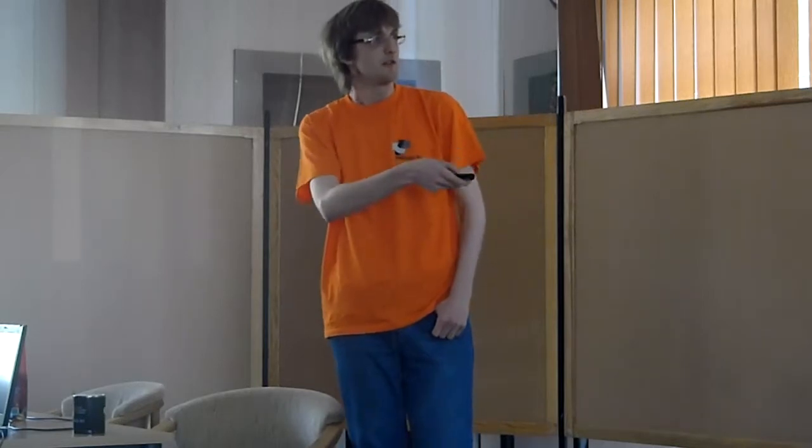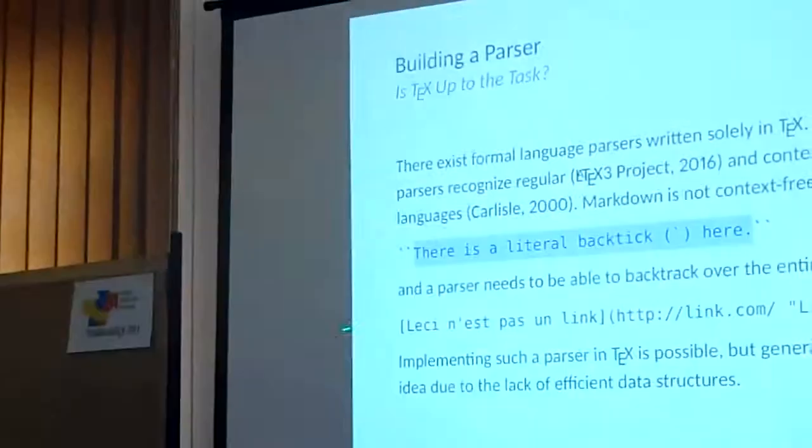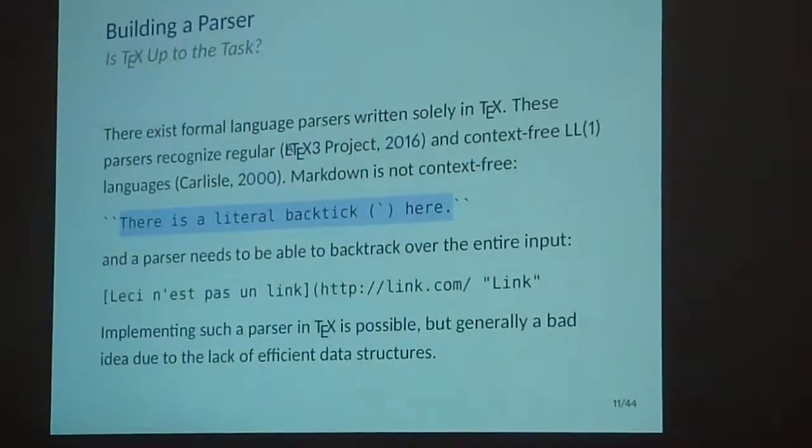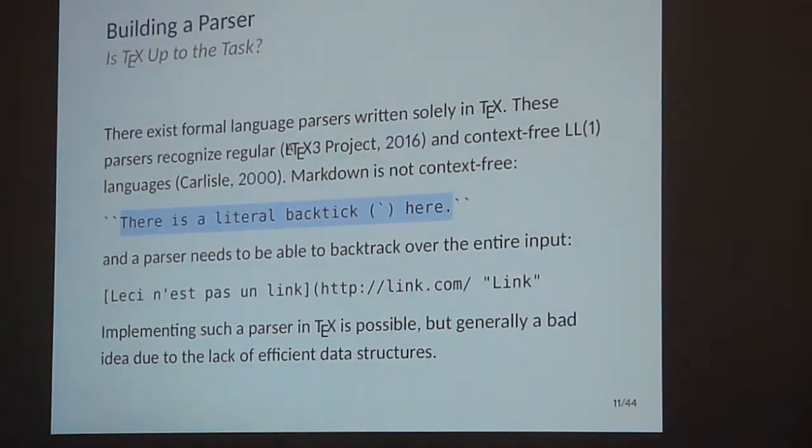And also, there is no limited lookahead. You can have an entire document where you think you're parsing a link, but then you come to the end, you backtrack to the very beginning, and you have to try again. And implementing this in TeX is not at all easy, or perhaps I'm just not strong enough, but I decided it would be better to find some other way to implement the parser.